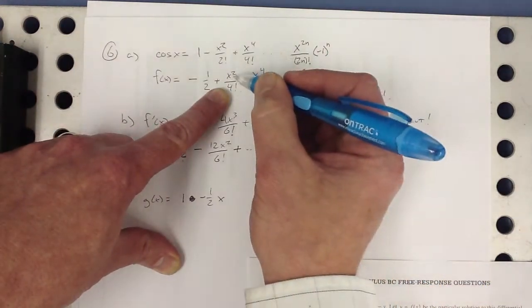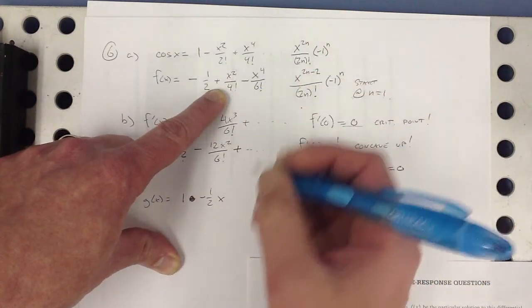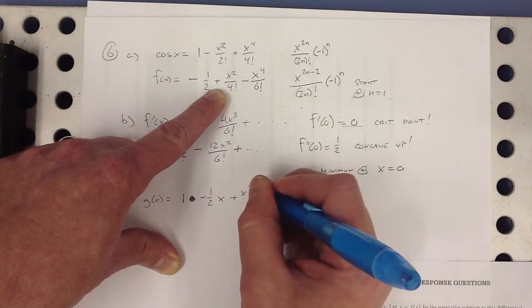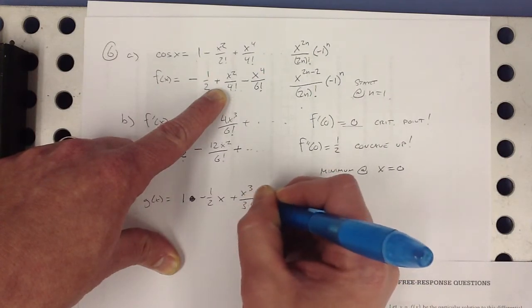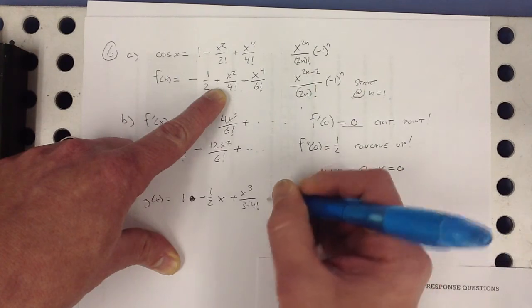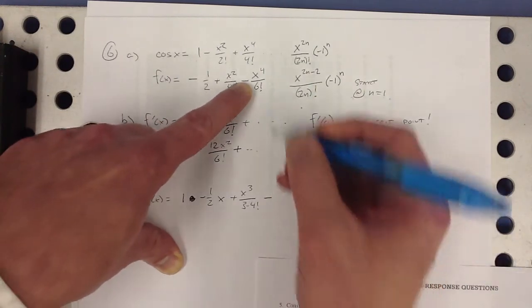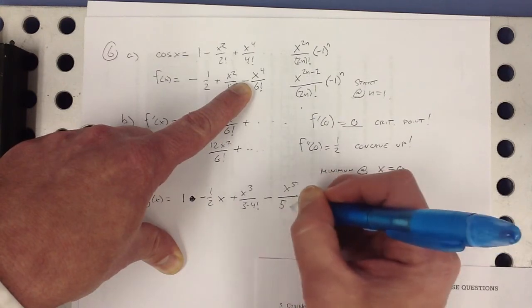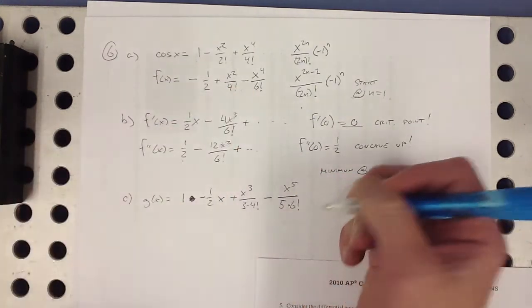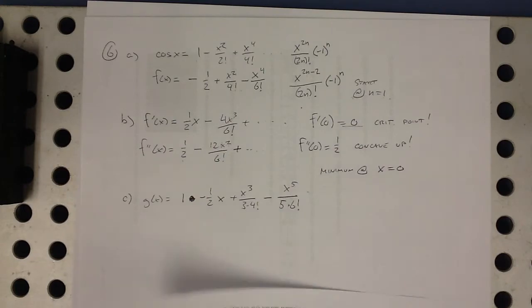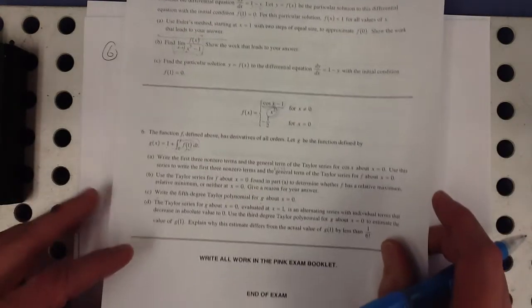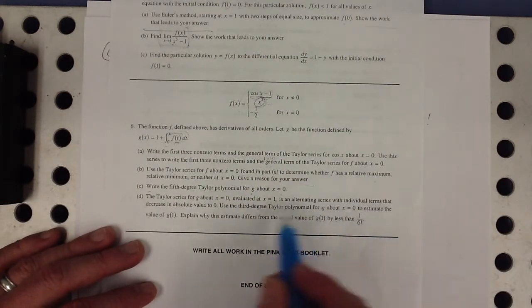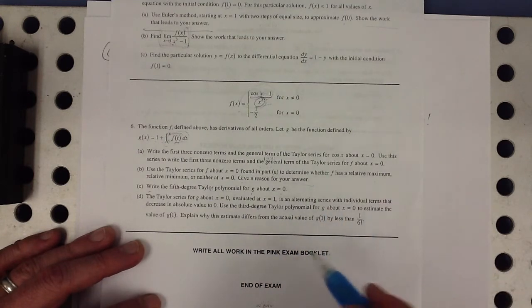Antiderivative of this term, bump the exponent up 1, divide by the new exponent, so that's plus x cubed over 3 times 4 factorial. And then bump the exponent up 1 and divide by that new exponent. So I think that's the 5th degree polynomial. So that's part C done.